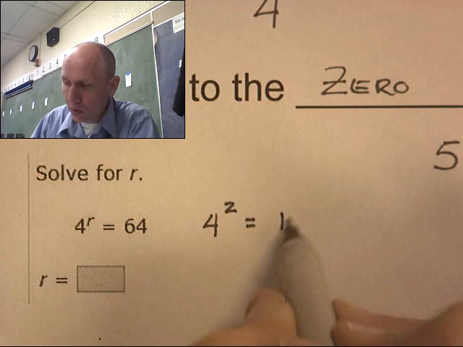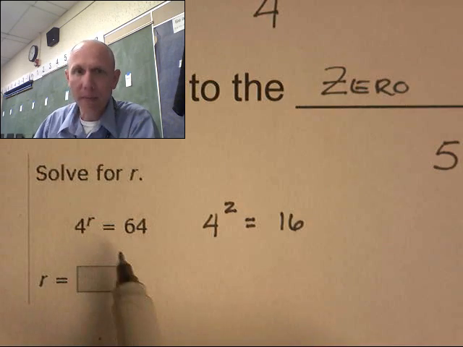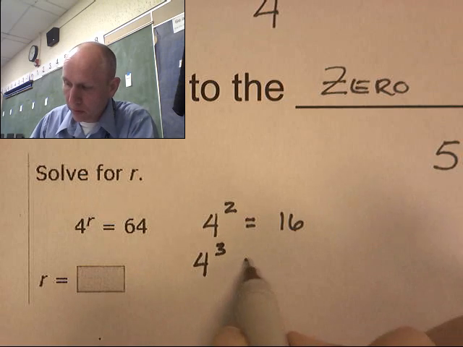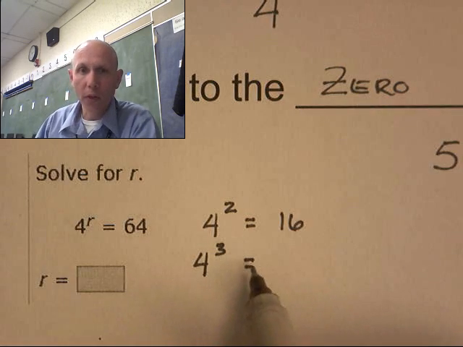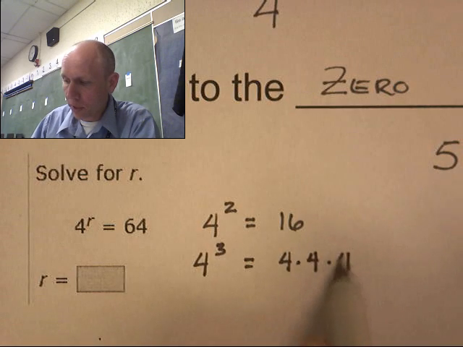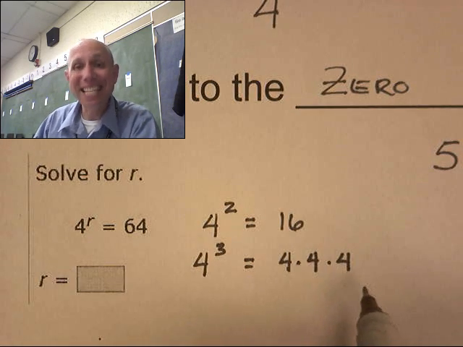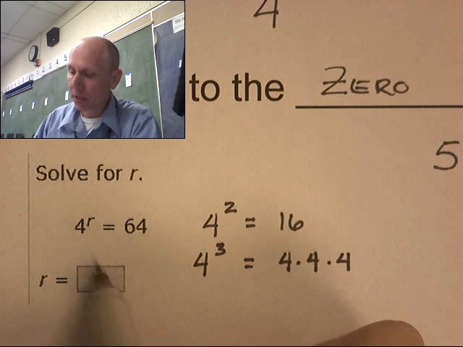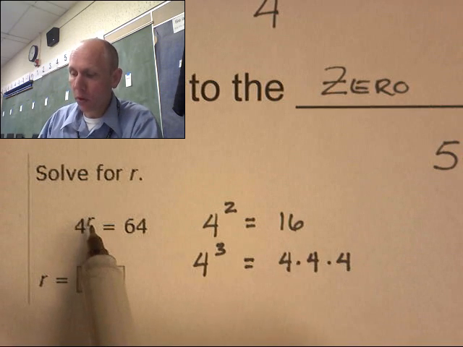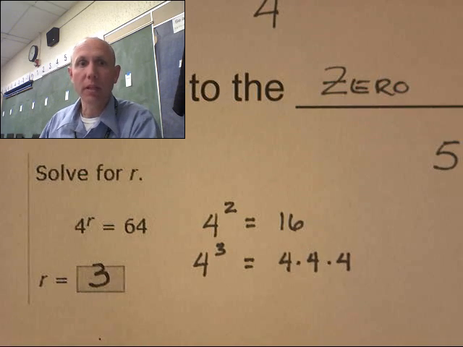What is 4 squared? 4 squared is 16, not 64. What's 4 to the third? 4 to the third is 4 times 4 times 4, and that is 64. So this is to the third power. 4 to the third power is 64.